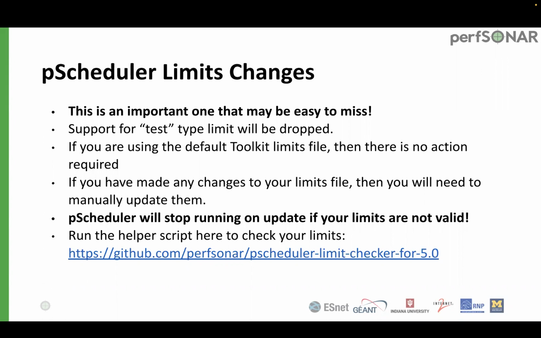It's just a little bash script, I believe, that will take a look. If you're all checked out, it'll tell you you're okay. If it sees any of the old types, it'll let you know which of the limits are the old type and things like that. I think there are some instructions maybe in the README with guidance for how to migrate those. Usually it's making them into a JQ limit.